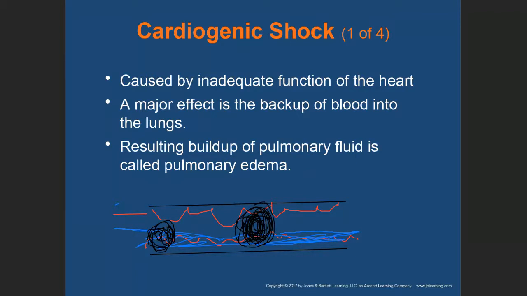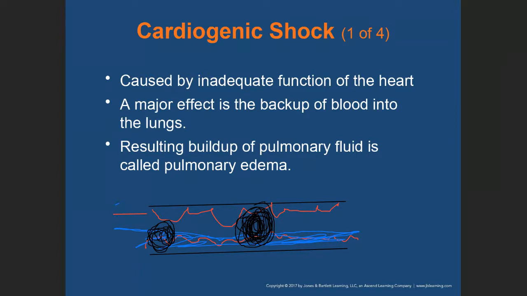If it's not filling up properly, it cannot push the blood to the peripheral areas and the core organs of the body. So a decision has to be made. What is more important? Keeping blood flow to the core. So the body is going to try to redirect blood flow from the peripheral areas to the core organs. And that is what cardiogenic shock is.